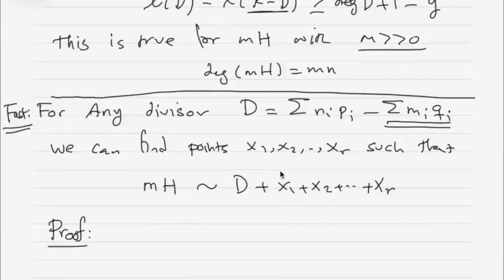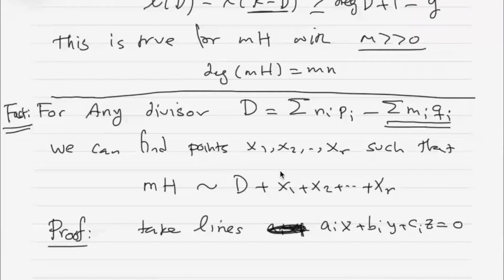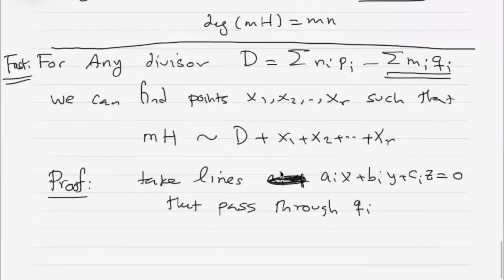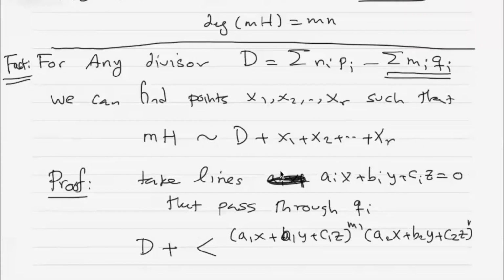What I do is that I take lines AiX plus BiY plus CiZ equals 0 that pass through Qi, and add D with the divisor of this function: (A1x plus B1y plus C1z) to the power n1, (A2x plus B2y plus C2z) to the power n2, and so on, divided by (ax plus by plus cz) to the power of m, where m is the sum of these numbers.